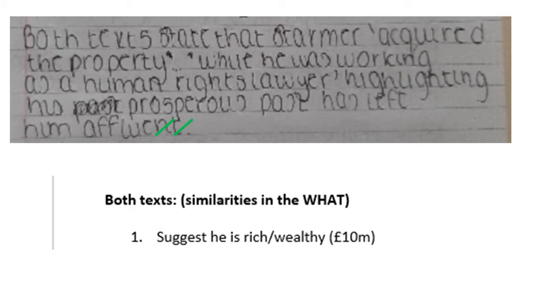So it's probably never going to happen in any other text ever that you will get 2 exact quotations in the 2 texts. But if it does happen, then this is absolutely fine to do it this way. Both texts do use that quotation, and therefore they both highlight that he has got a very wealthy past and he's very affluent. So really spot on, very concise way of getting the 2 marks there, leaving more time for other points.